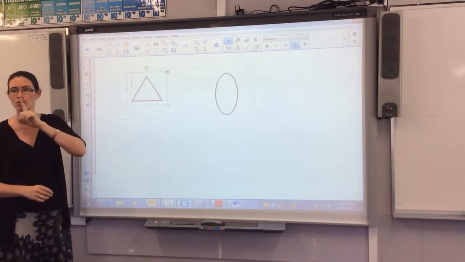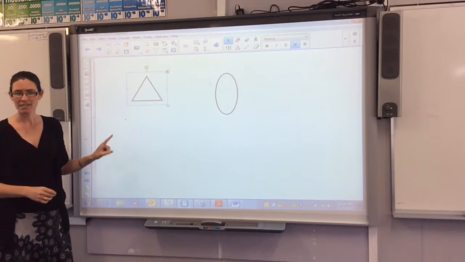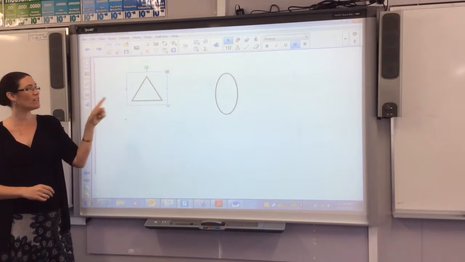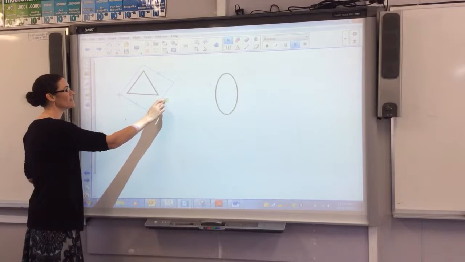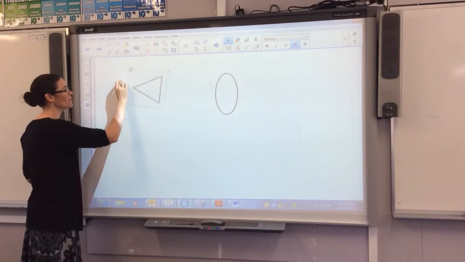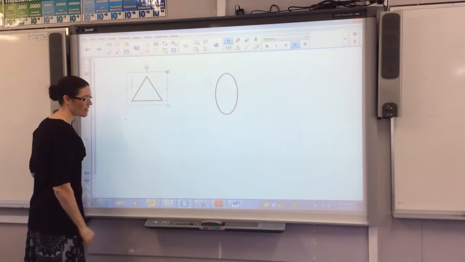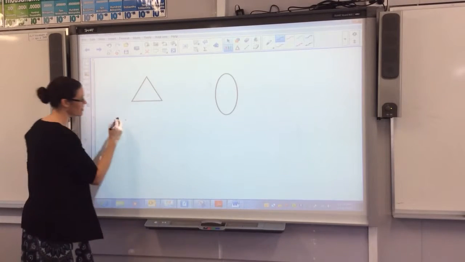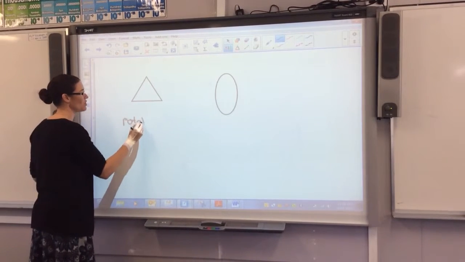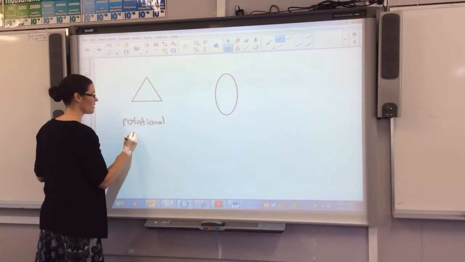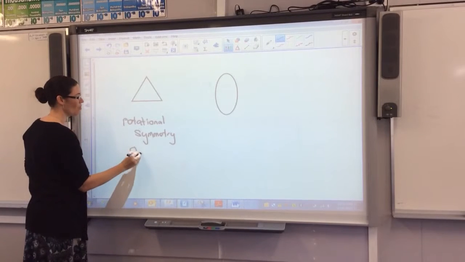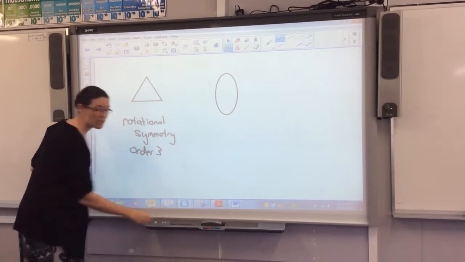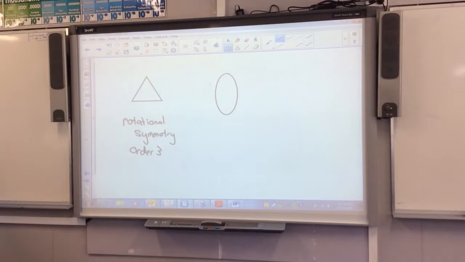We're going to spin it a full circle, and we need to see how many times we get a triangle looking exactly like this. 3 times: 1, 2, 3. So it has rotational symmetry of order 3, because when I spun it, there were 3 times I got the same shape back.